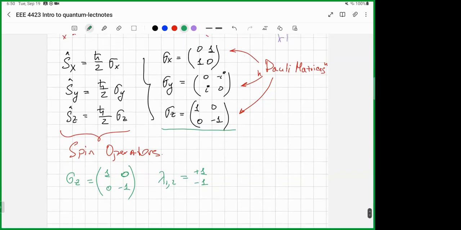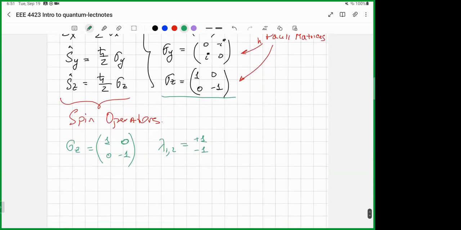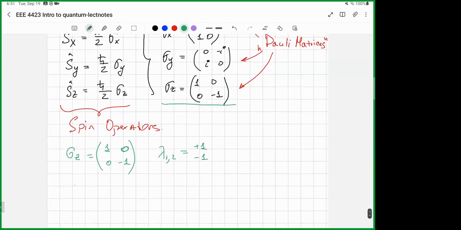And hence the eigenvalues of the corresponding spin operator, which is h bar over 2 sigma z, are equal to plus h bar over 2 and minus h bar over 2.